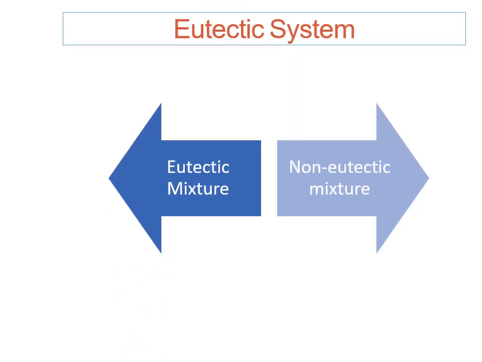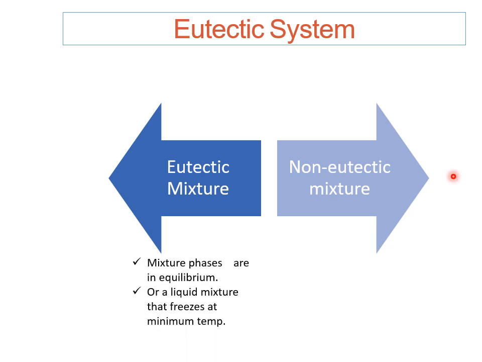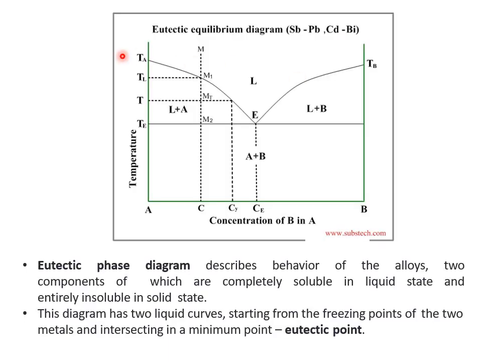Eutectic systems can have either a eutectic mixture or a non-eutectic mixture. A eutectic mixture means that the mixture is in equilibrium, so the liquid mixture will freeze at the minimum temperature, while for a non-eutectic mixture, normally none of them become a eutectic mixture. Okay, so this is the eutectic diagram.